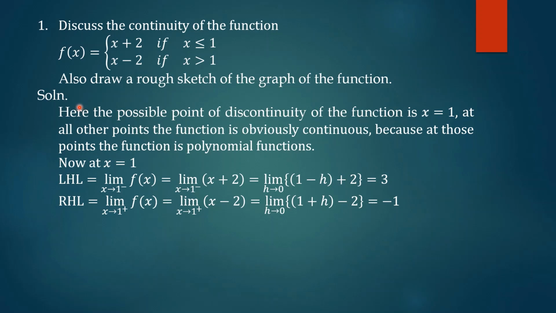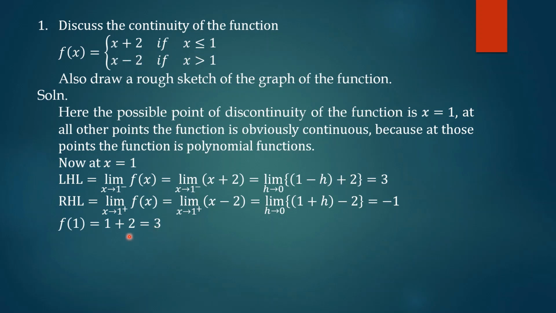But to draw the graph of the function, we need to know whether this function is continuous from the right or continuous from the left. You should know everything about the function to draw the graph. Therefore, in this case also, we have to find the functional value. The functional value at x equal to 1, f(1), is in the first line, 1 plus 2, which is equal to 3.